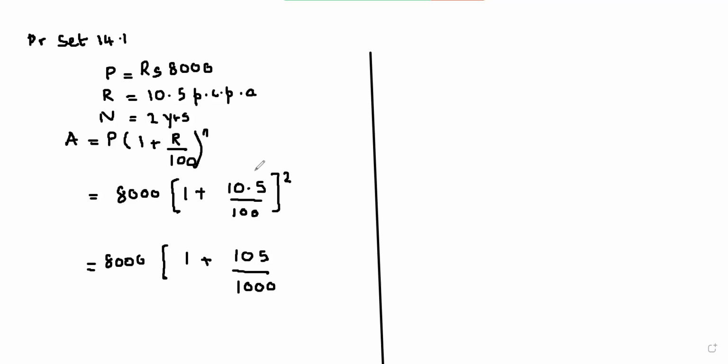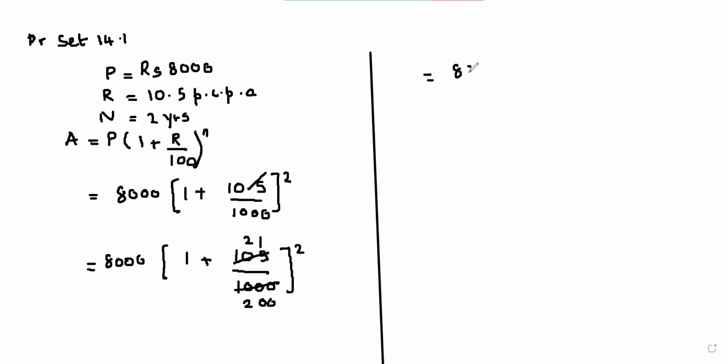I took off the point here, so I could add the 0. Raised to 2. Right? Now, let's cancel with 5. 5 2s are 10. 5 2s are 10. 200. Right?